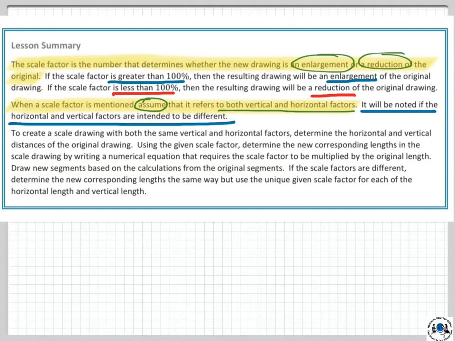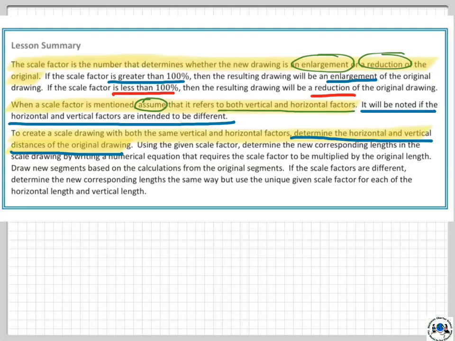But it will be noted if the horizontal and vertical factors are intended to be different, which we'll probably see again in this module, but I don't suspect you'll see it much in real life.